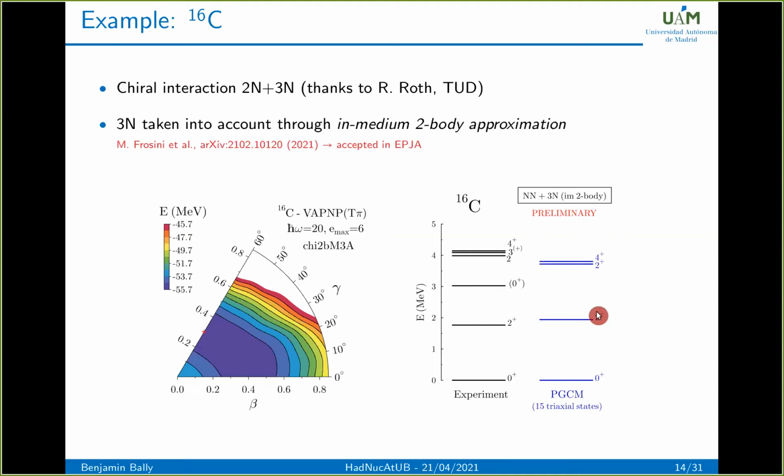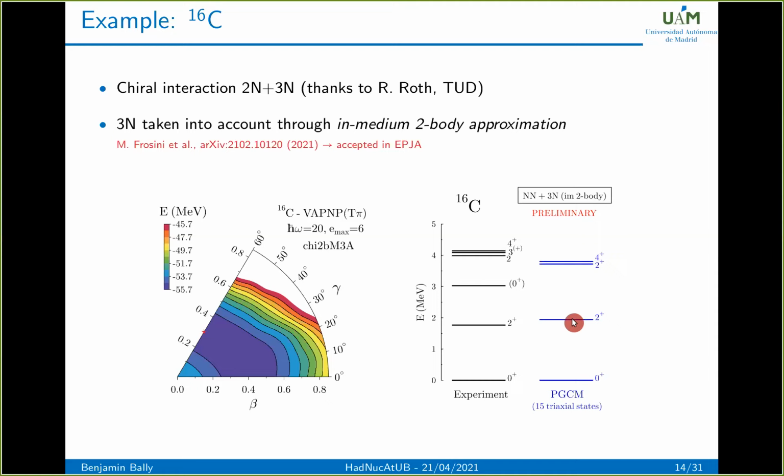And so you can see that already with 15 states, you reproduce quite well some of the states. You don't have all the states, but in a sense, I only added 15 states. I still have time reversal and good parity, so I miss certain states for sure. And if I consider more general states than that, I think I could get a much better agreement for the 0 plus, which is, I guess, somewhere higher in energy in this spectrum.